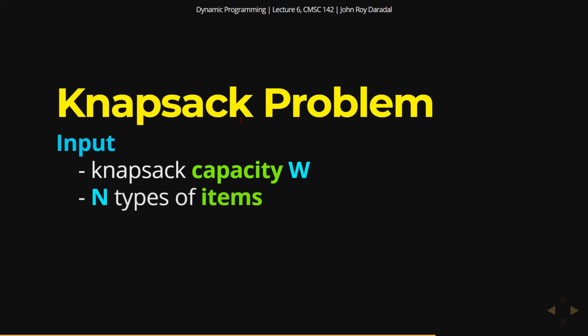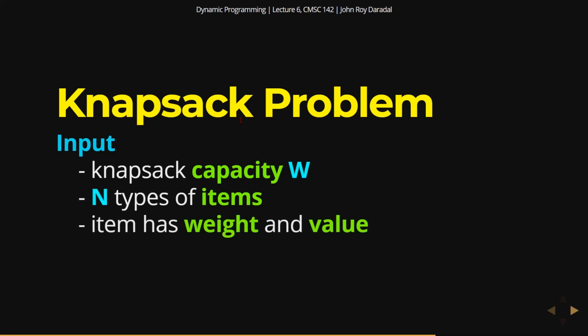So formally, we will define the knapsack problem as follows. For the input, we will get the knapsack capacity W. This is the total weight the knapsack can accommodate. And then there are n types of items where each item has a weight and a value.